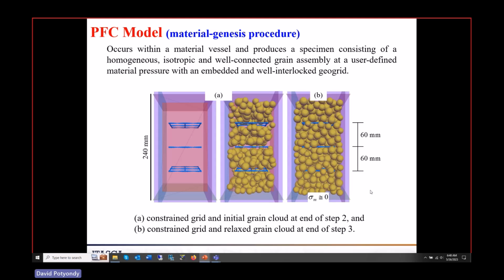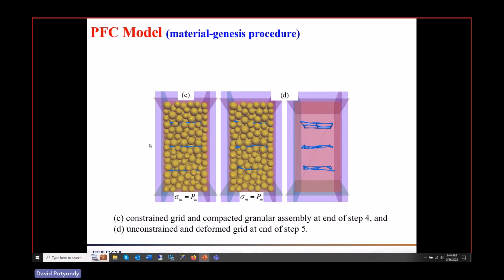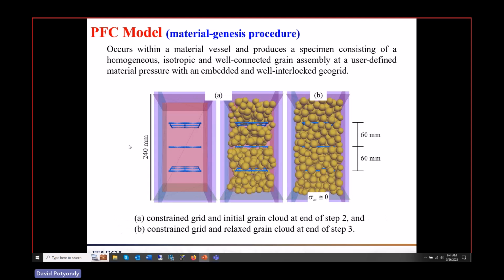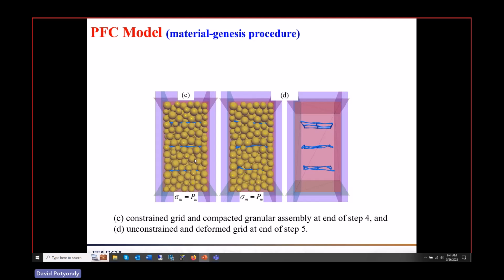Okay. Then what you do is you apply the confining pressure. This is going to end up being packed at a certain pressure. So now you apply confining pressure by using the walls to squeeze into this thing, and the geogrid is still not allowed to move. So basically, you make the cloud, you let it rearrange frictionlessly, then you squeeze it to the desired confining pressure that you want.